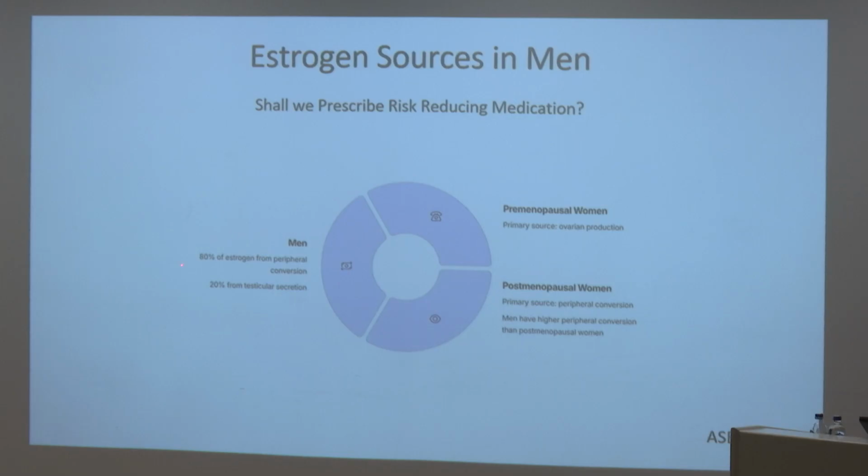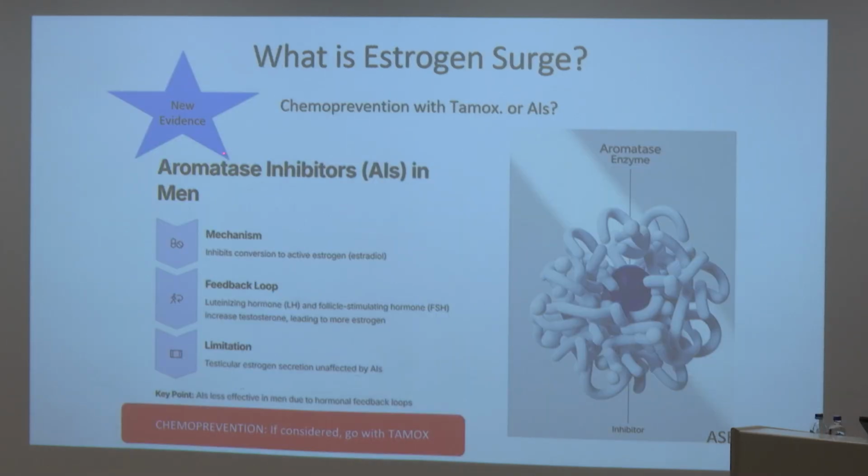We know that men have 80% of estrogen conversion peripherally, and 20% from testicular secretion. But you cannot extrapolate the data from females, because aromatase inhibitors do not decrease estrogen like they do in women.